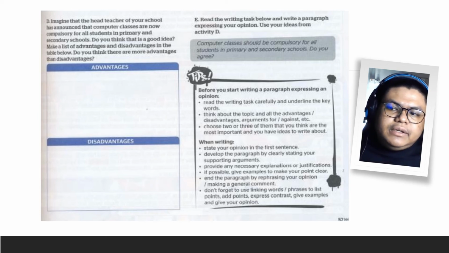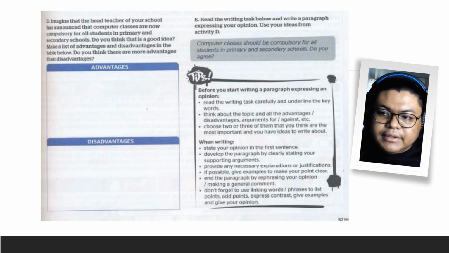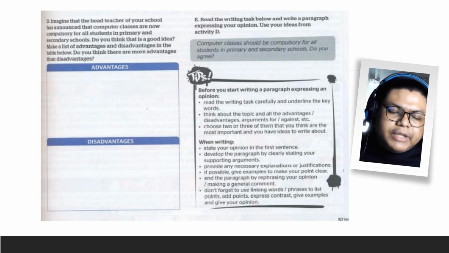Okay, so what do you think? What do you think about this topic? Do you think students from all of the ages should take computer classes, or whether they should not take the computer classes?